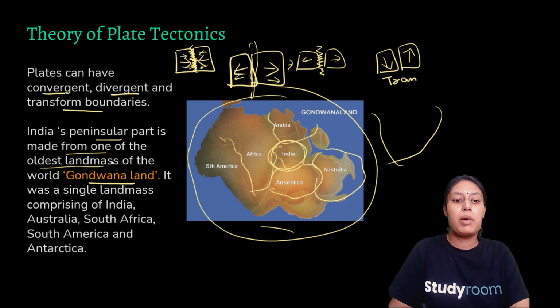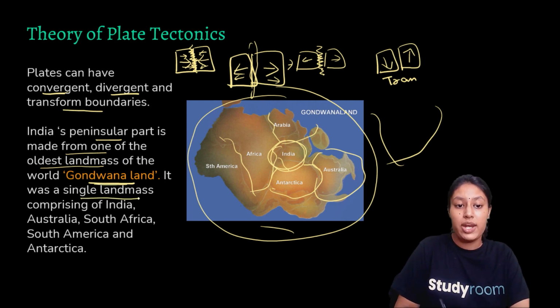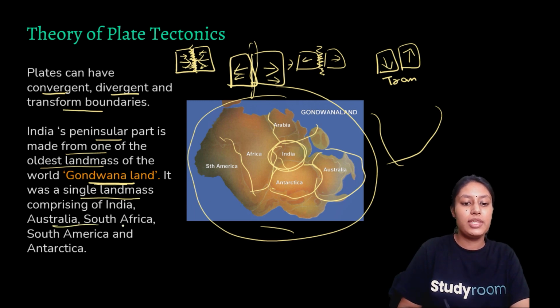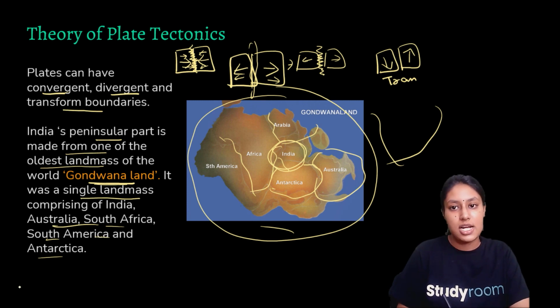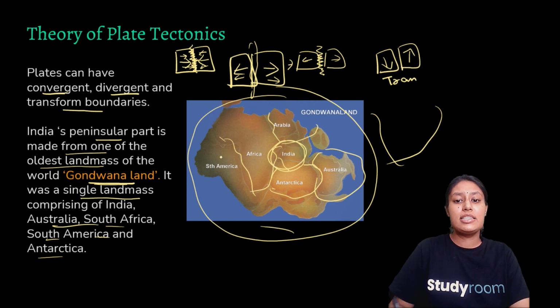The peninsular part is the oldest landform because once it was a part of all these countries, in a single landmass shared between Australia, South Africa, America, and Antarctica. This whole land is called Gondwana land.